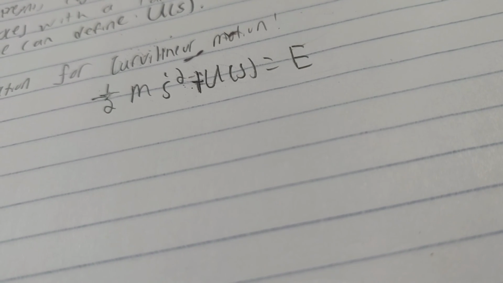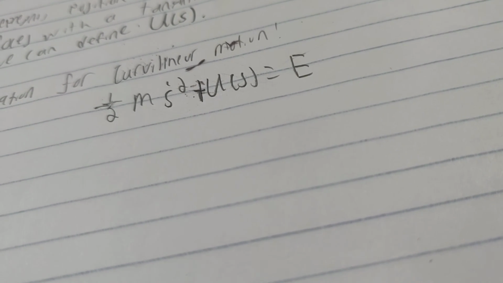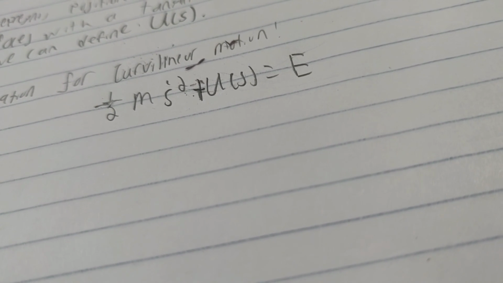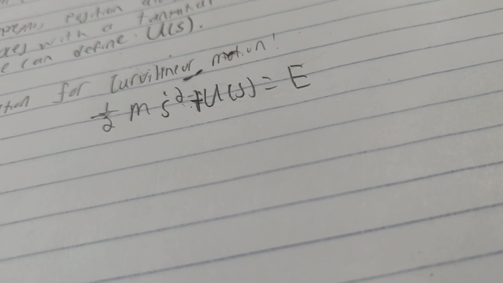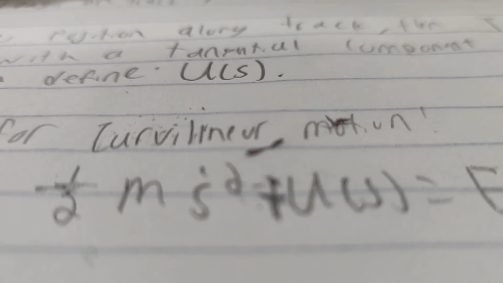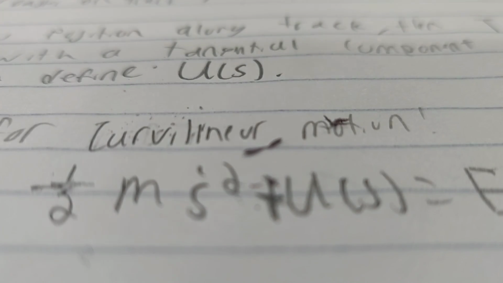But we won't worry about those too much. But like x to the 6th would be an example of that. It has an equilibrium point at the origin, but its second derivative vanishes.